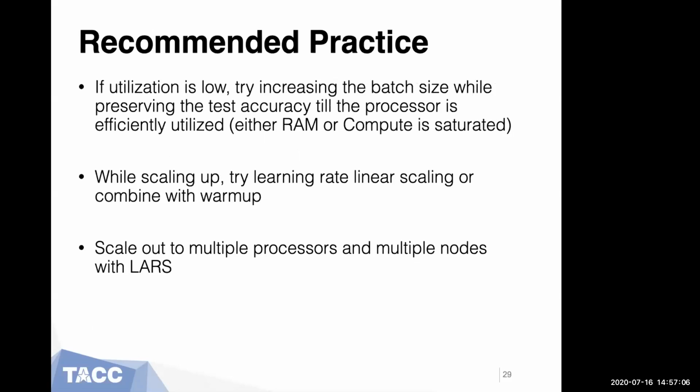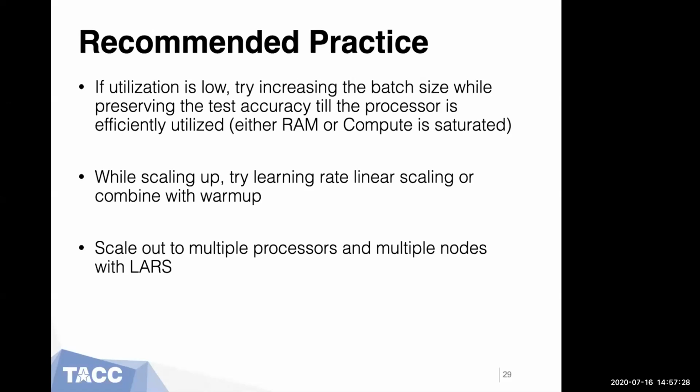Cool. So if the utilization is low, you can try increasing the batch size while preserving the test accuracy, till the processor is efficiently utilized, either RAM or compute saturated, right? Then you can try to scale up. You can try learning rate linear scaling or combine it with a warm-up technique. Usually you do it with warm-up.